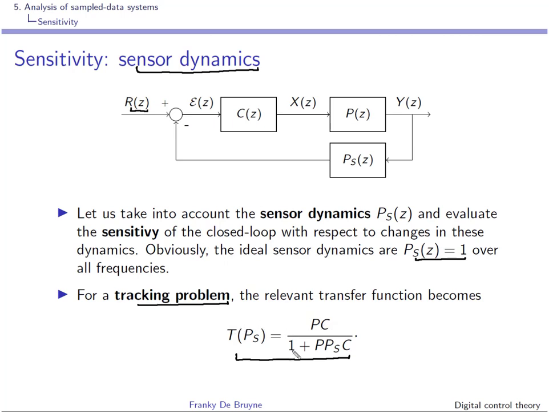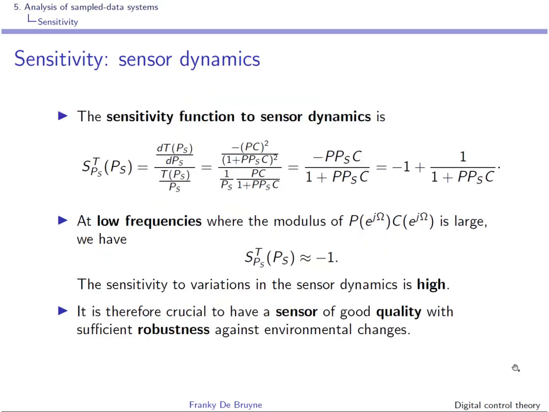Now we can have a look at the sensitivity to changes in the sensor dynamics. So here we consider a tracking problem and we want to see the sensitivity with respect to the sensor dynamics.